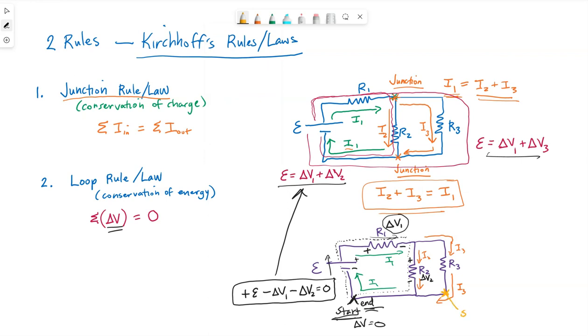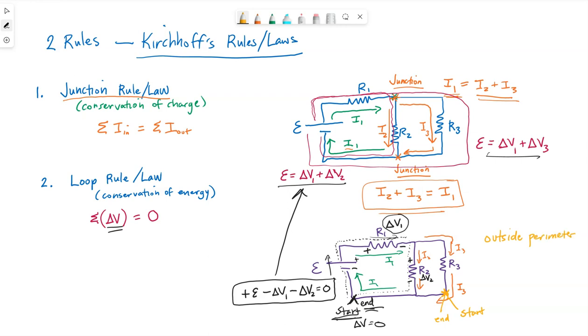So I'm going to start and end here. And it doesn't matter which way I follow a loop. In terms of this loop rule, the only thing that truly matters is that I start and end at the same location. So let's go and take our path around the outside perimeter.